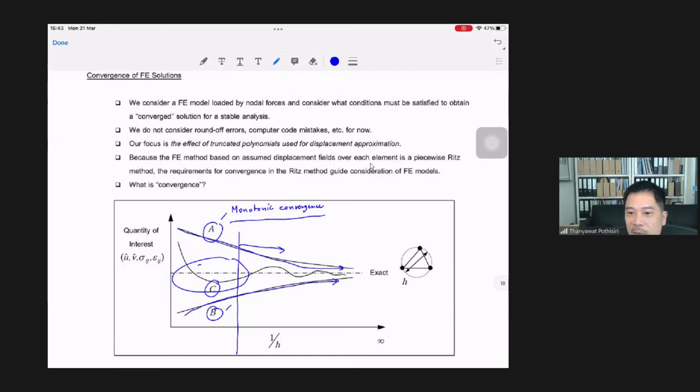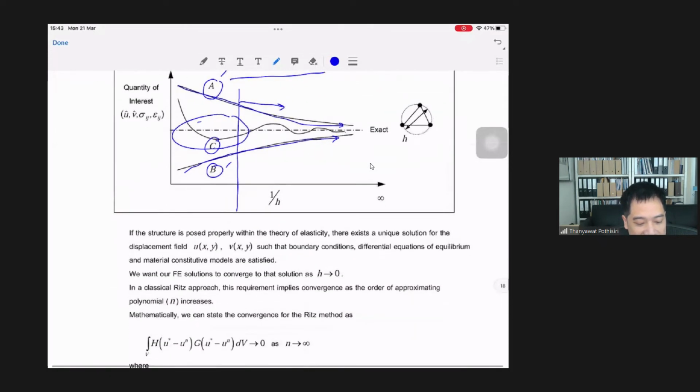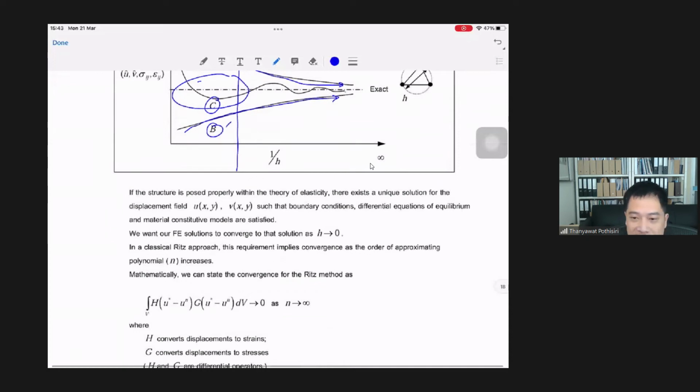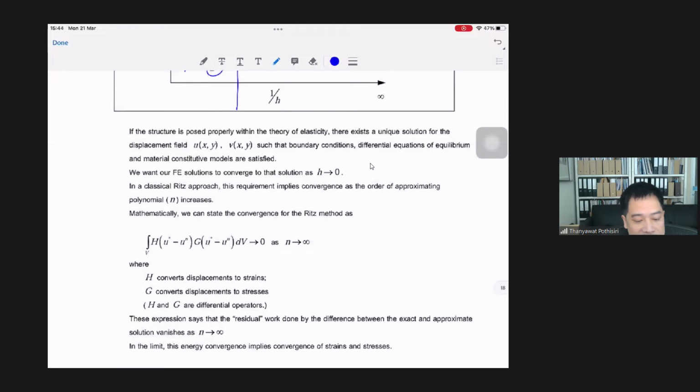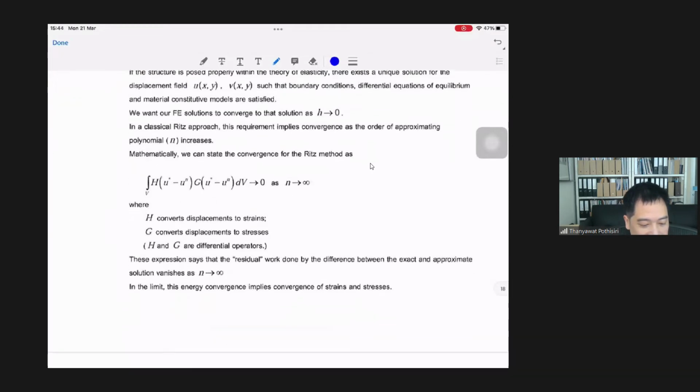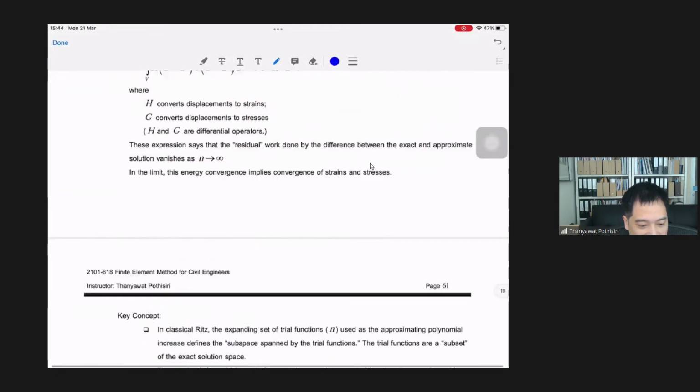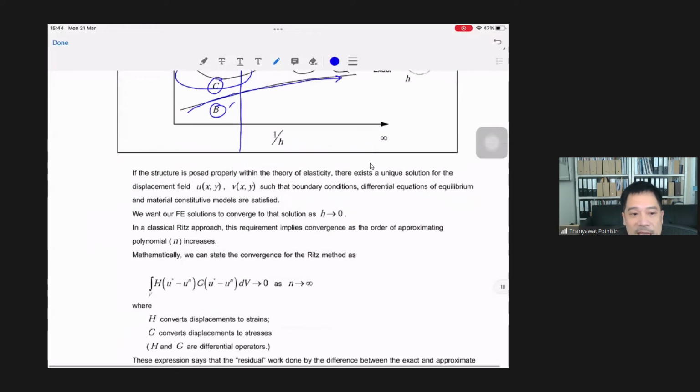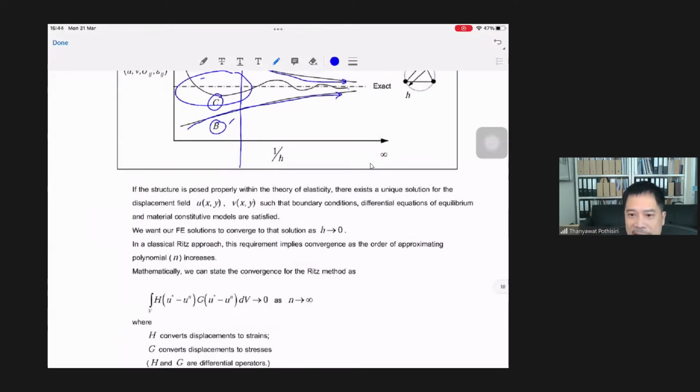So the way in which we can ensure convergence, okay, is by, there are essentially two different ways in which you can do that. Because we are essentially approximating the displacement field, right? Our finite element approximation is based on the concept of using a certain function to approximate the displacement field, right?